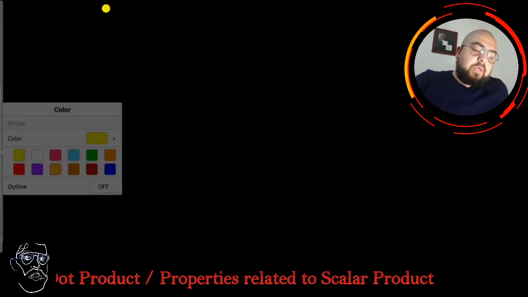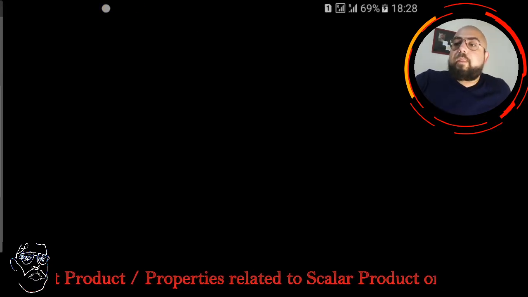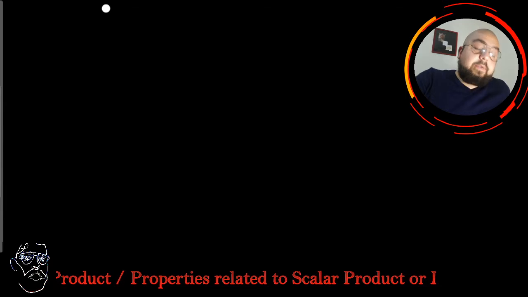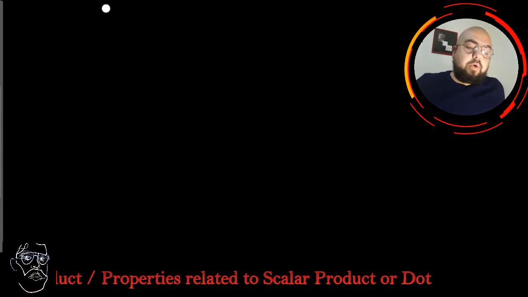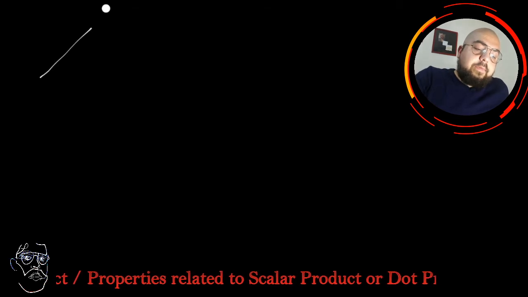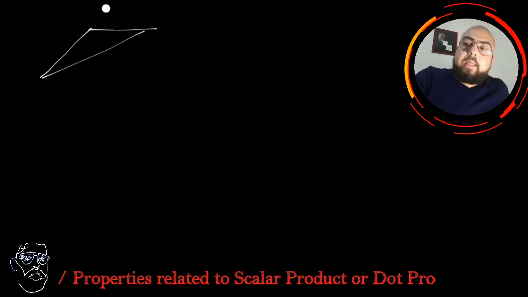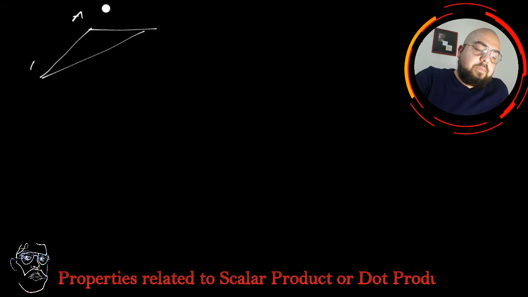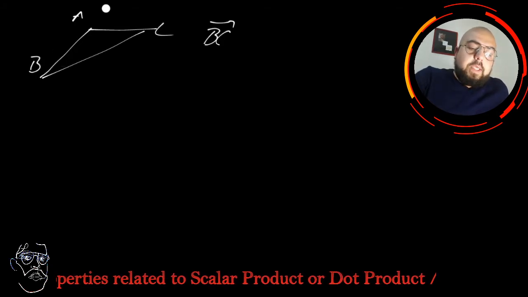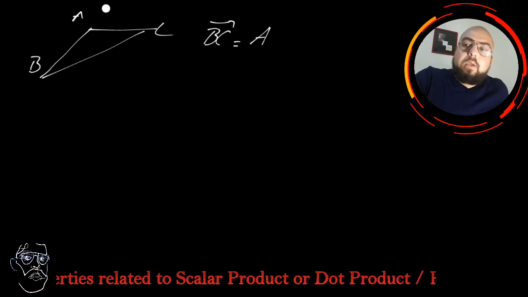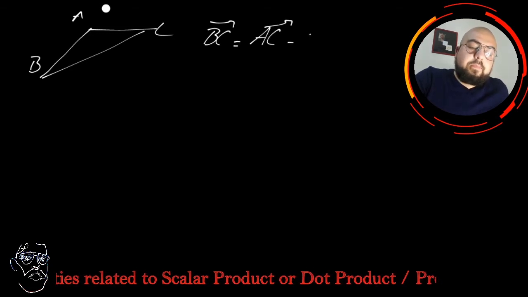The last property related to the scalar product is called the generalized form of Pythagoras theorem. So we have a certain triangle, let's say ABC. As you know, BC is equal to AC minus AB.